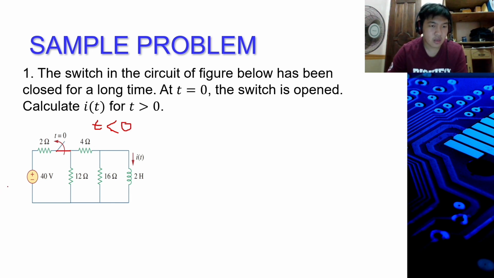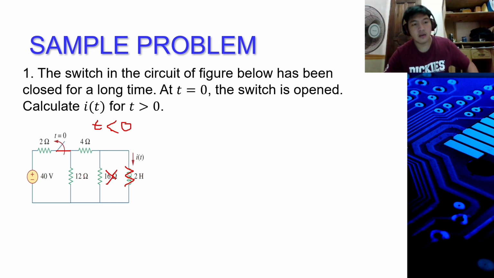Since the inductor is a short circuit to DC, the 2 henry inductor will be a short, and the 16 ohm resistor is in parallel with it. What remains is 40 volts, 2 ohms, 4 ohms, and 12 ohms.